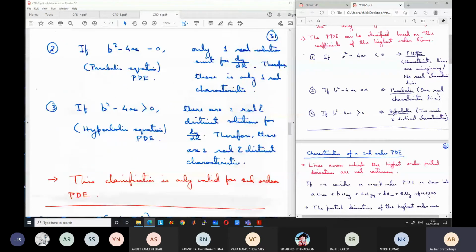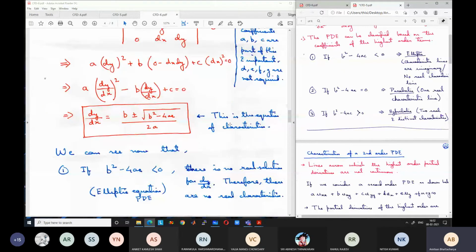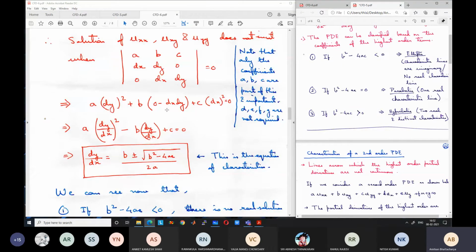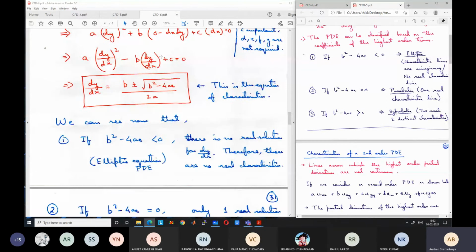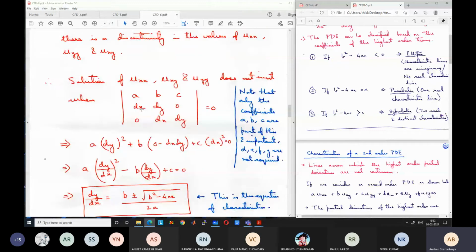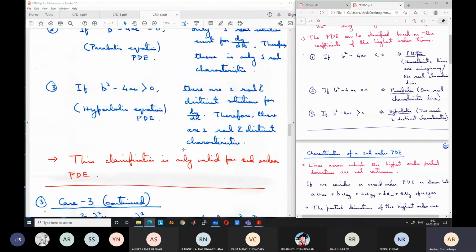Characteristics can also be obtained for other types of PDE, but the way we have discussed it, it is only valid for second order PDE, and that too in a two-dimensional form, meaning x and y are the independent variables. Based on that we have obtained this classification. And now you can see that there is a physical meaning.